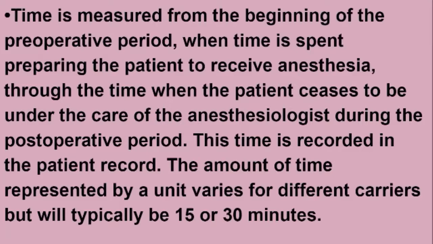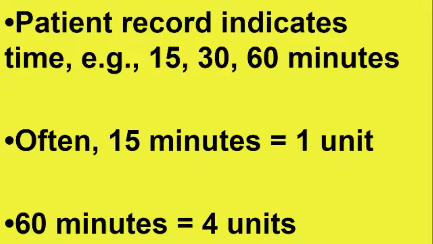The amount of time represented by a unit varies from different carriers, but typically will be 15 or 30 minutes. The patient record indicates the time, for example, 15, 30, 60 minutes. Often 15 minutes is 1 unit, so therefore 60 minutes would be 4 units.